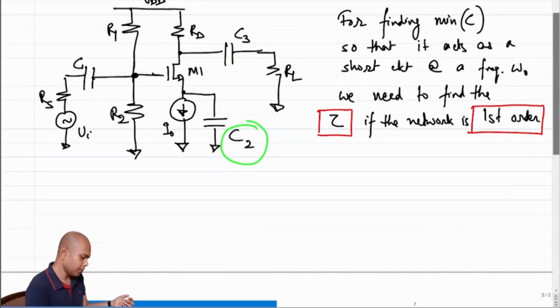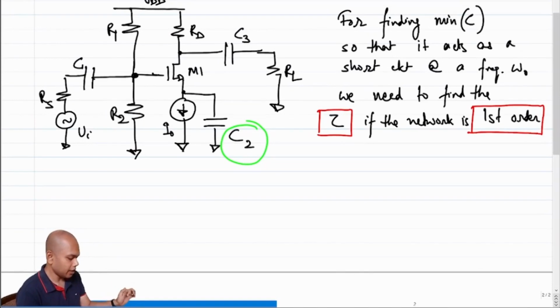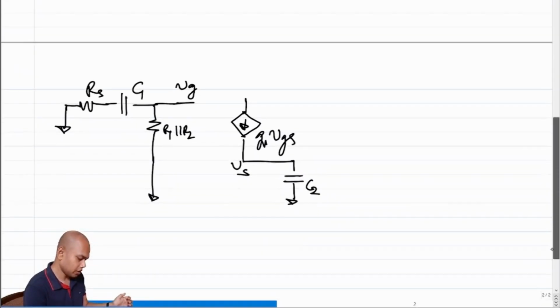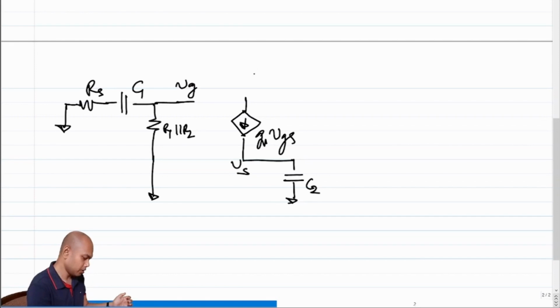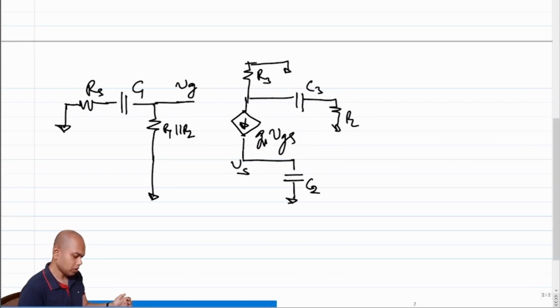What is happening at the drain side? At the drain side, I have a resistance to VDD, which means incrementally resistance to ground, and I have C3 and RL also connected in parallel to it. So we have R3, this is also to ground. I have C3 and RL, which is also to ground.